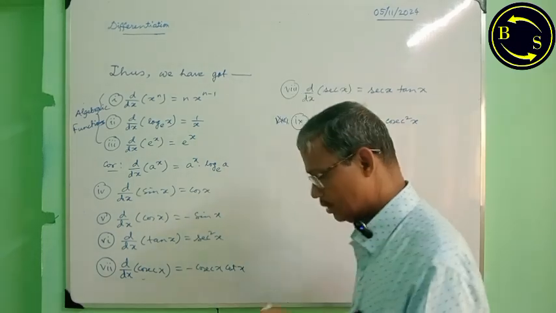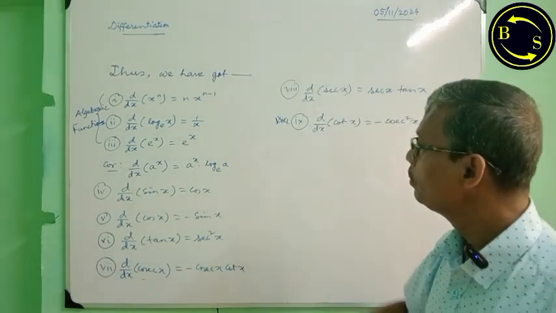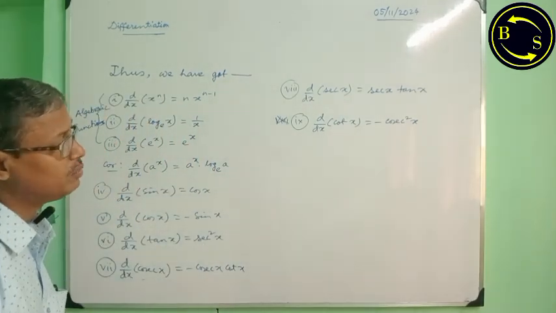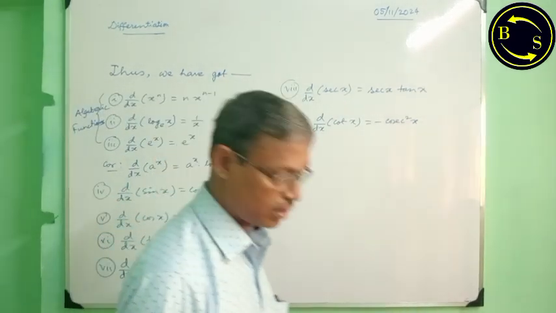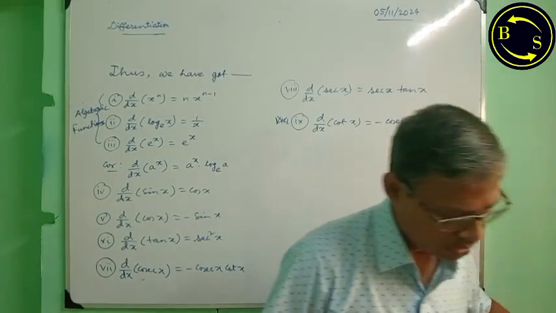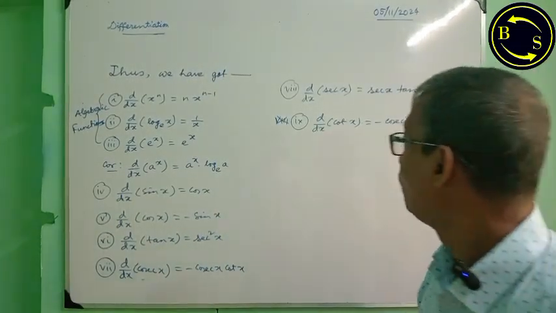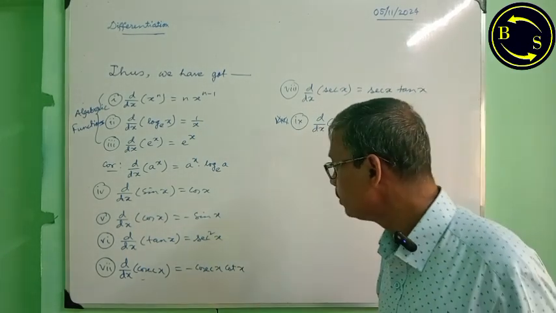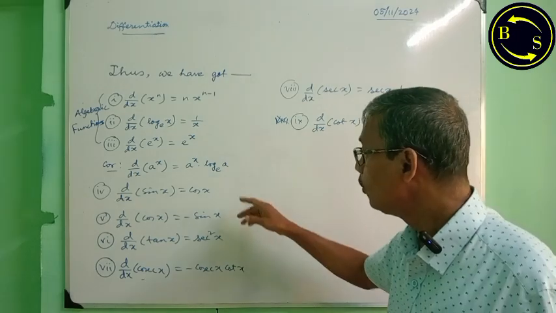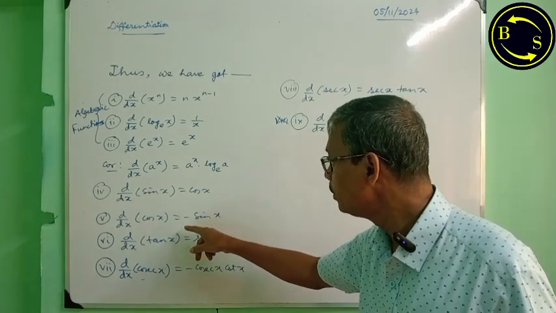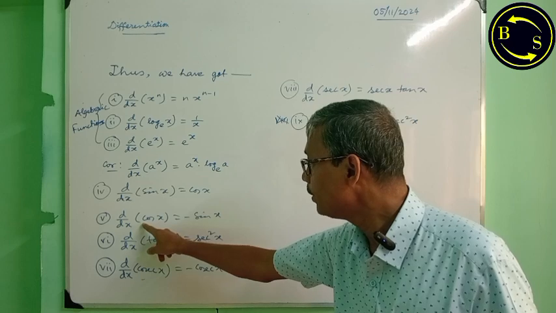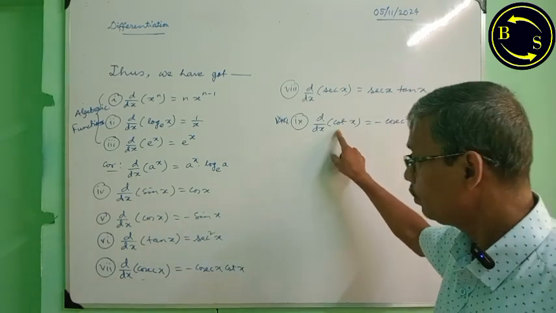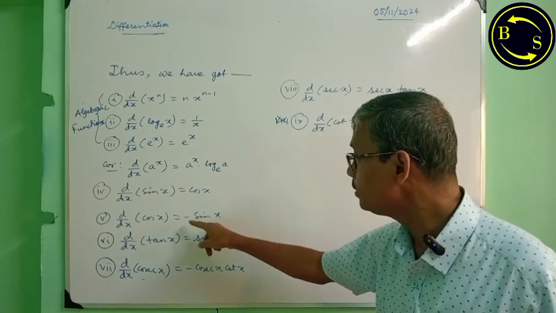Make this chart, and initially you look at this chart and try to memorize. It is a must for remembering these results. Now I have written for the purpose that you note the derivatives of the trigonometric functions which start with the letter C, and what we find is that in the result there is a minus sign.